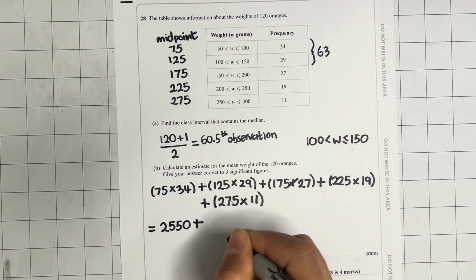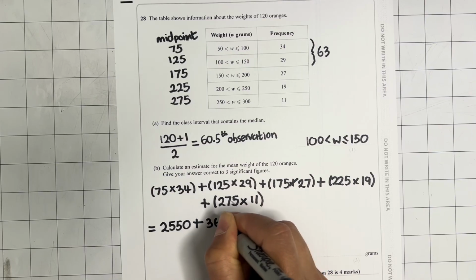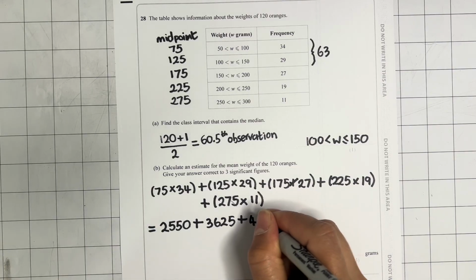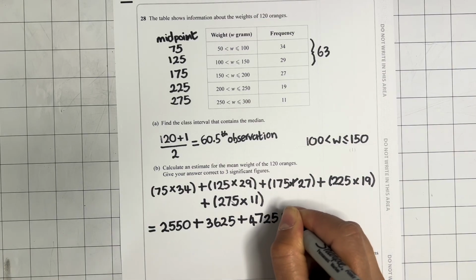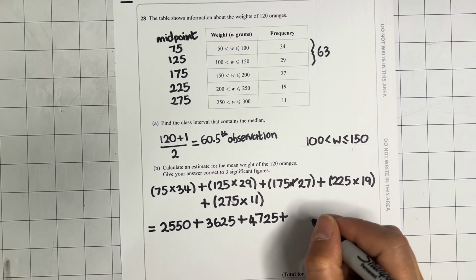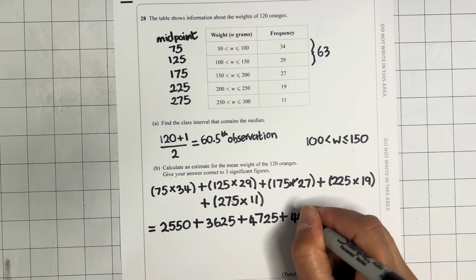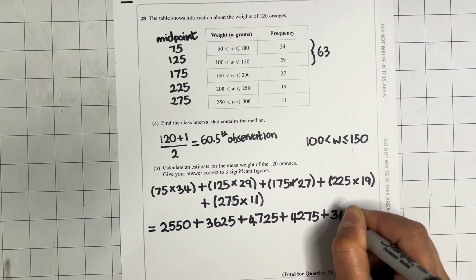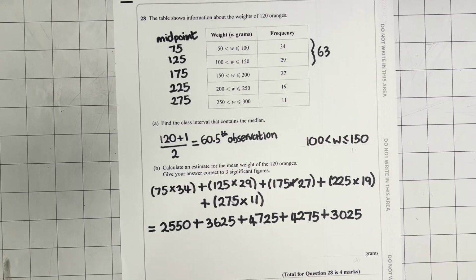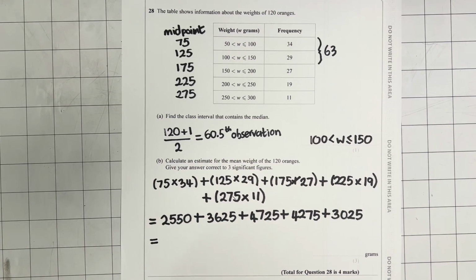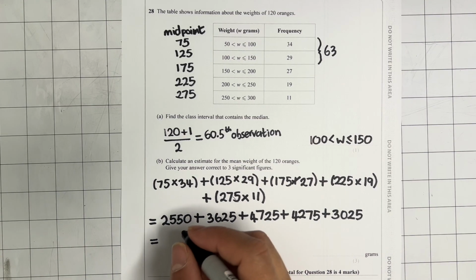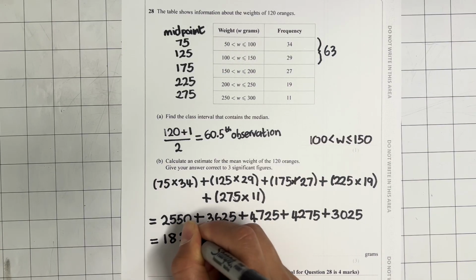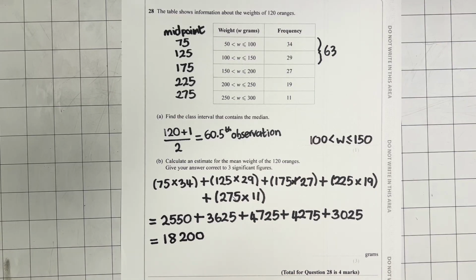2,550, 3,625, 4,725, 4,275, and 3,025. And this gives us an estimate for the total of all of our observations as 18,200.